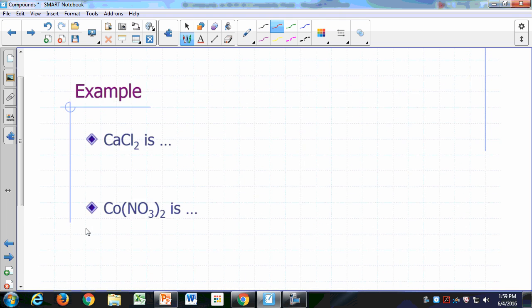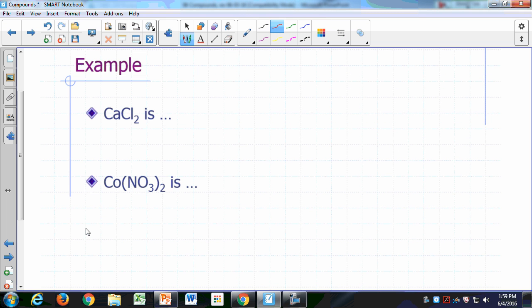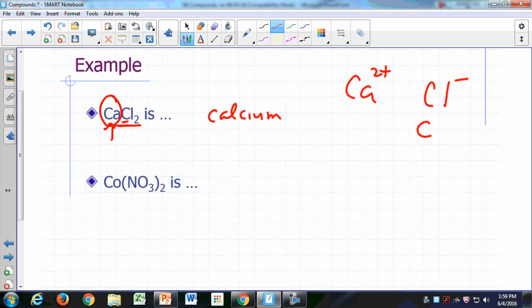For example, CaCl2, you recognize this as ionic because calcium is a metal, right? You have to know Ca is calcium ion. What's the anion here? Calcium, you know, is plus 2, and the monatomic ion with chlorine in it is chloride. You have to remember that from your lesson on monatomic ions.